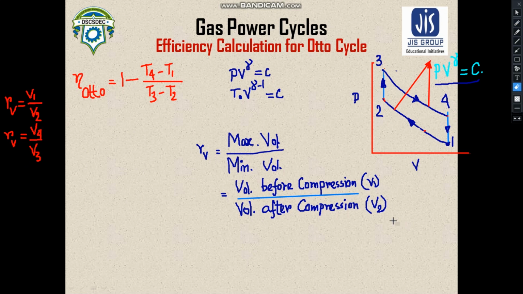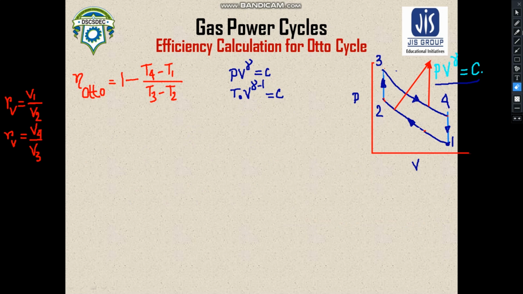Now we will see what the temperature-volume relationship is for these two processes. So you can write T1 into V1 to the power gamma minus 1 is equal to T2 into V2 to the power gamma minus 1.